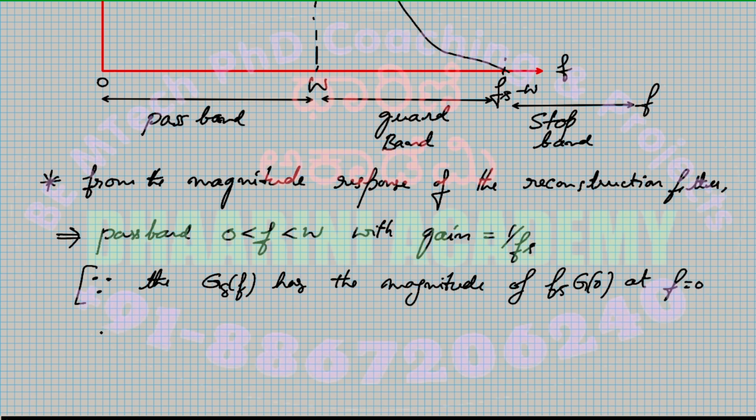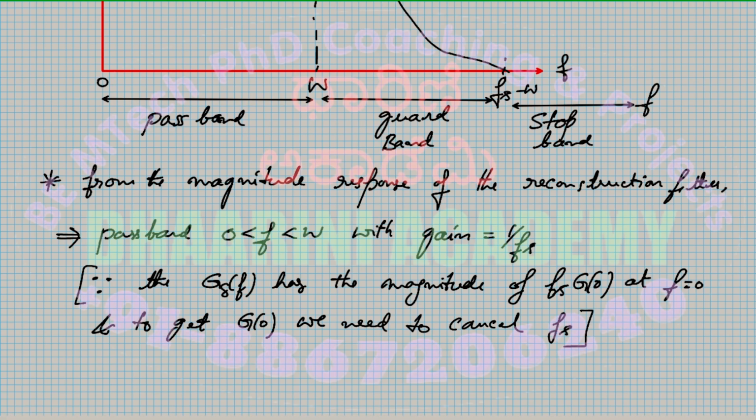And to get g of 0, we need to cancel the Fs. So Fs is there, I need to cancel. So in order to cancel that, multiply by 1 by Fs. Okay, so that's what we have done now. So that's how we decided what should be the amplitude.